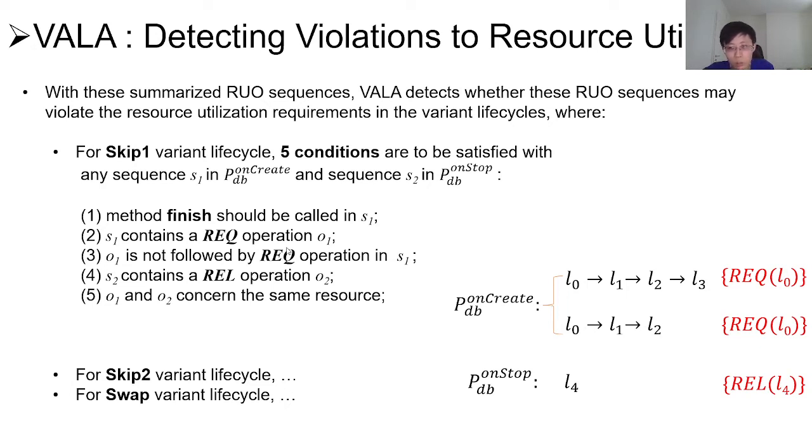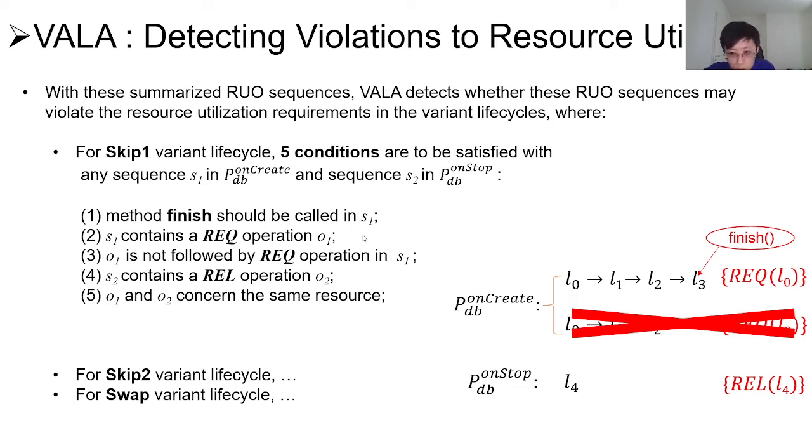Five conditions should be satisfied with two IO sequences S1 and S2, from entry points onCreate and onStop respectively. Third is the guard condition of the variant lifecycle. It requires the invocation of method finish, that is, the statement L3. So the first IO sequence satisfies the requirement while the second one is excluded, as its execution path does not cover statement L3.